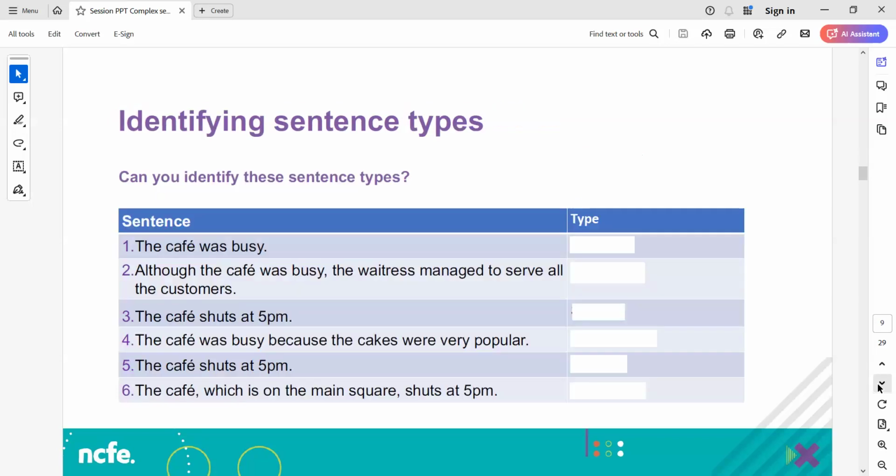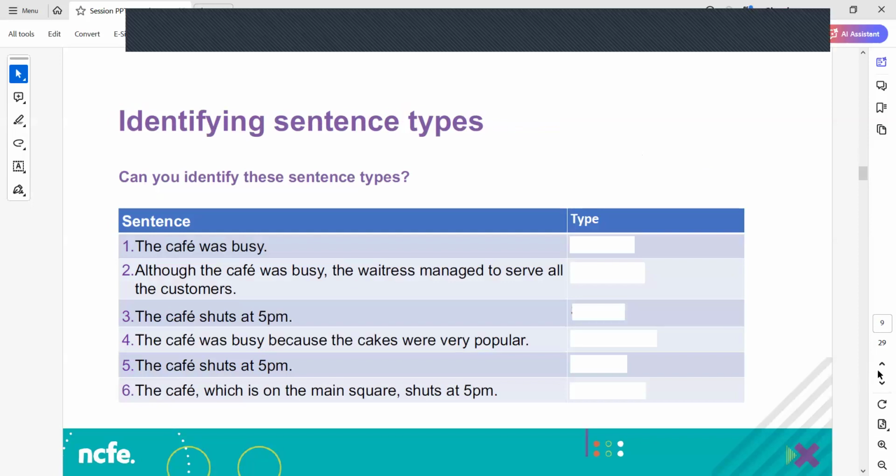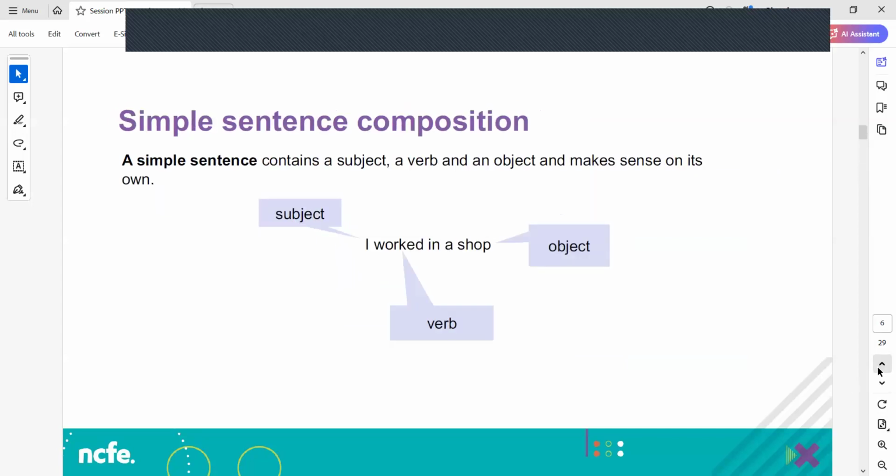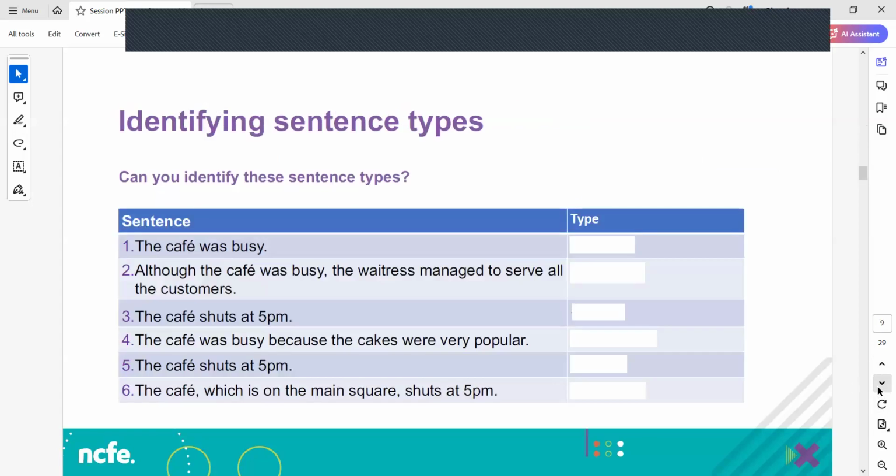So let's have a look at these sentences and see if you can identify the sentence type. Is it a complex, compound, or a simple sentence? The cafe was busy. What type of sentence is that?